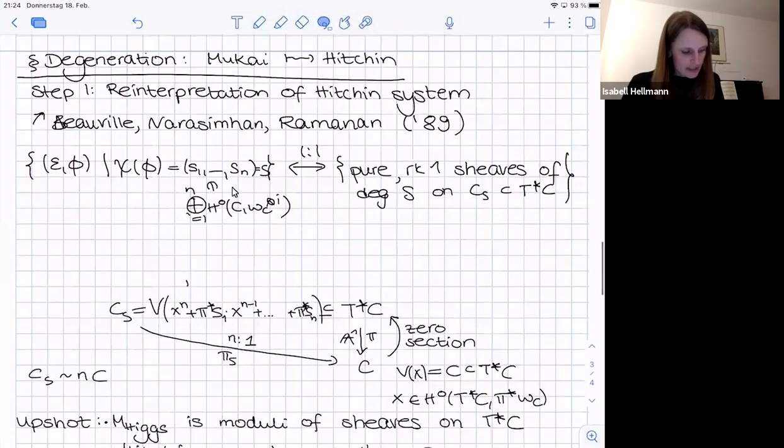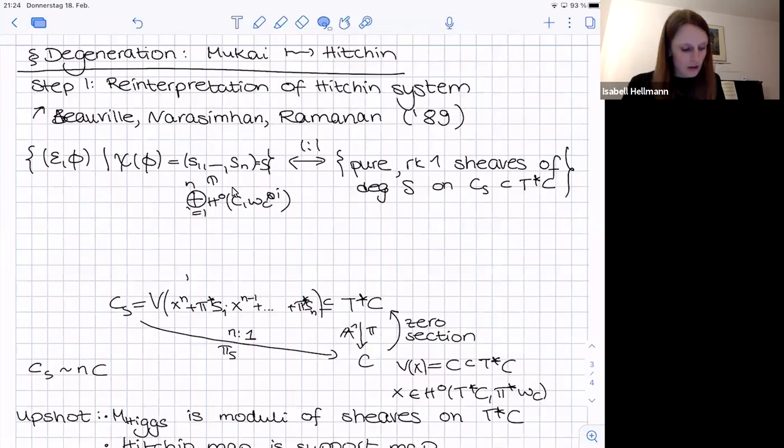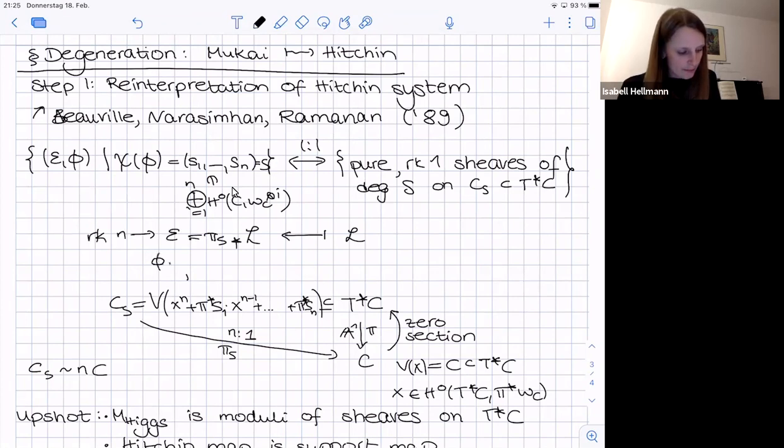So this is an n-to-1 covering over C. So if I start with a line bundle L here, so if C_S is smooth, then what I wrote, pure rank 1 sheaf, just means line bundle, and so I push it forward along this n-to-1 map, so I get something of rank n, which will be E. And then I need phi from p_S lower star L to p_S lower star L tensor omega_C.